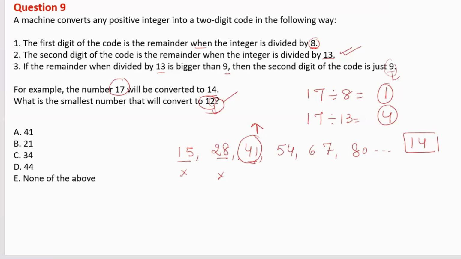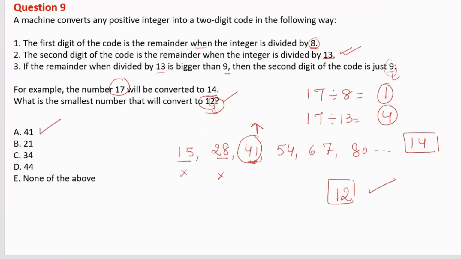When I divide 41 by 8, I get 1 as a remainder, and when I divide by 13, I get 2 as a remainder. There are many numbers that convert into 12, but this is the smallest. So 41 is the number which converts to 12.